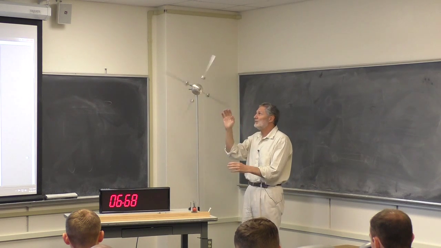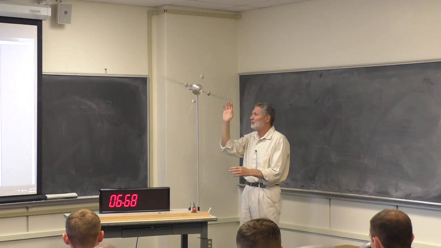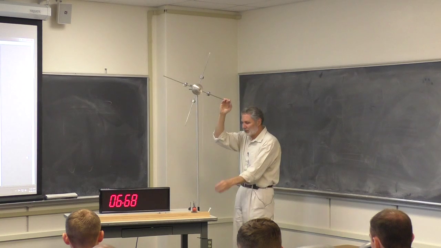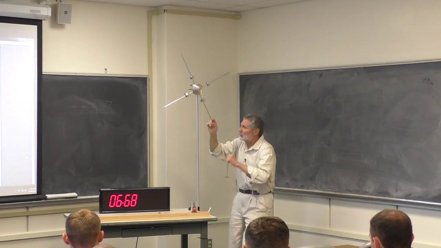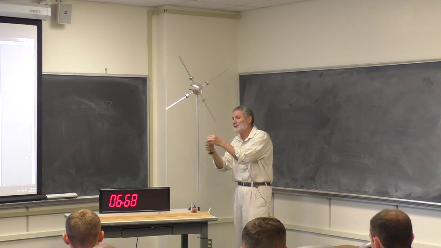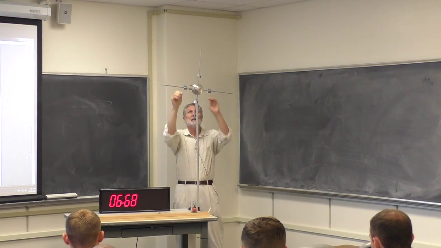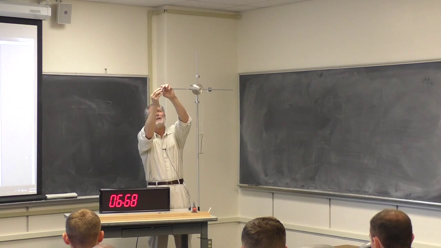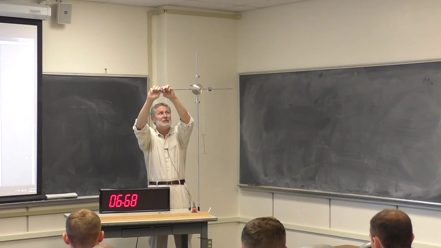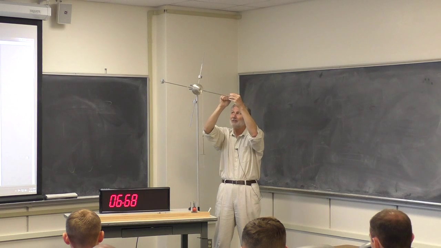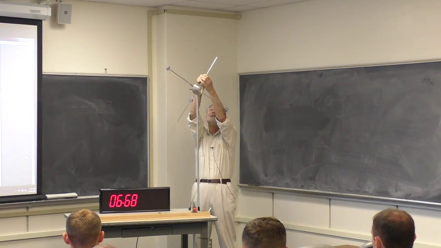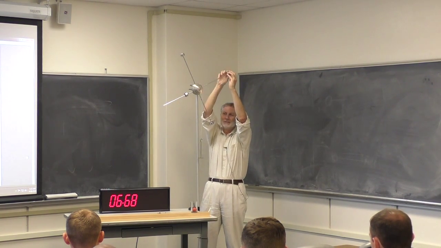Now for the second demonstration, I'm going to bring this back up. We're going to stick with the same weight here. But now look at this. Am I changing the mass of the body? No, but I'm changing something, aren't I? What am I changing? The moment of inertia.